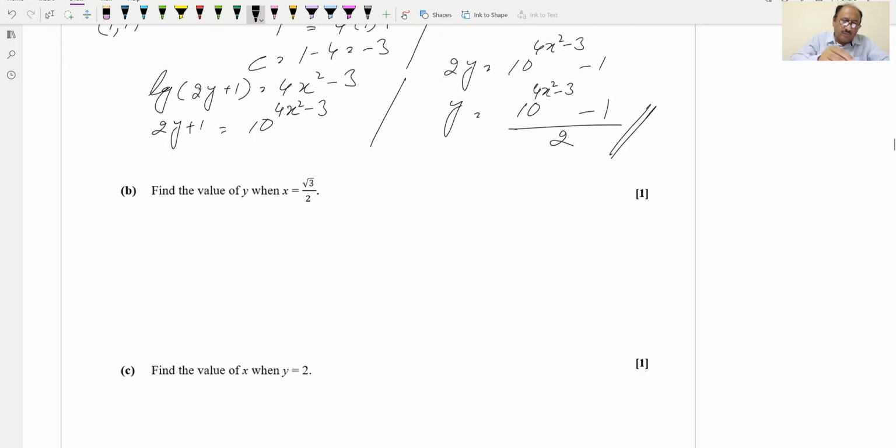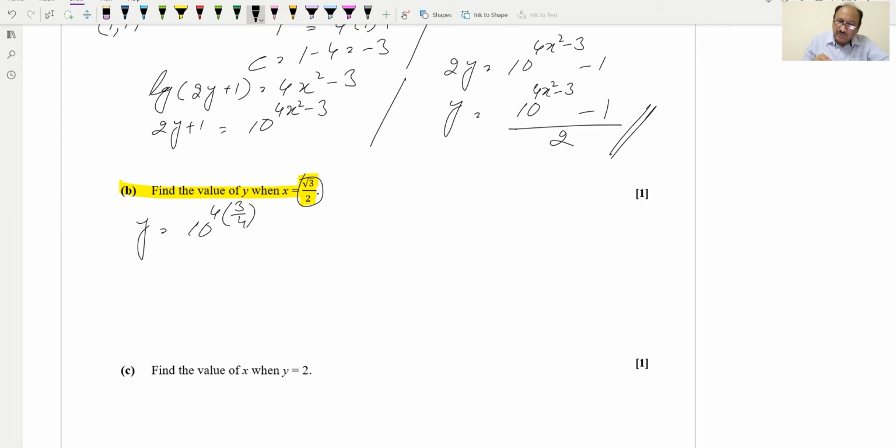Now for B part, they're saying find the value of y when x is equal to root 3 by 2. So we can write it as y. We know y is equal to this one we will be utilizing, which we have done in the previous part. So y is equal to 10 raised to the power 4, and x value will be root of this, square will be 3 by 4.